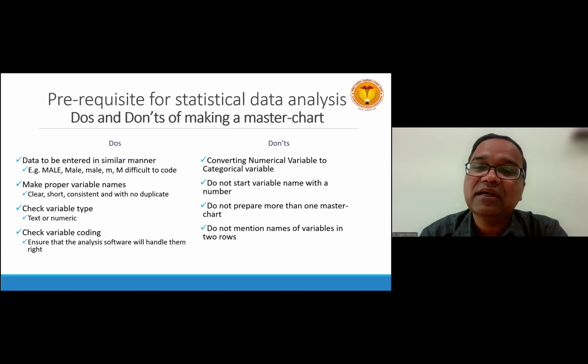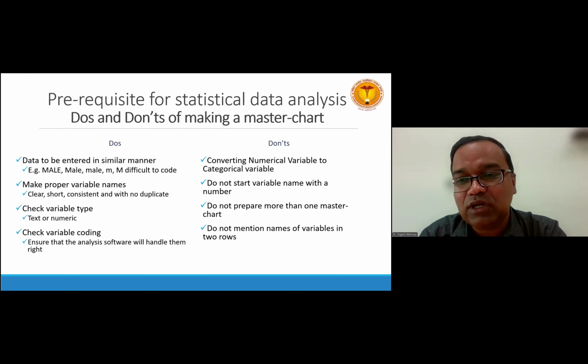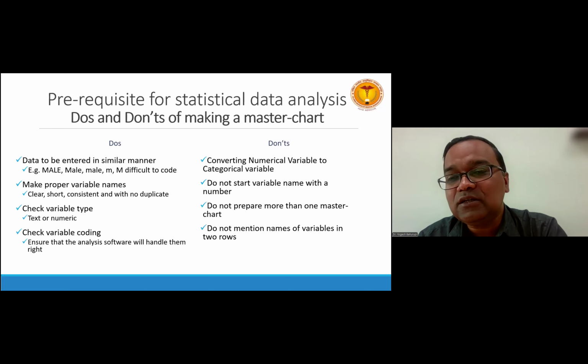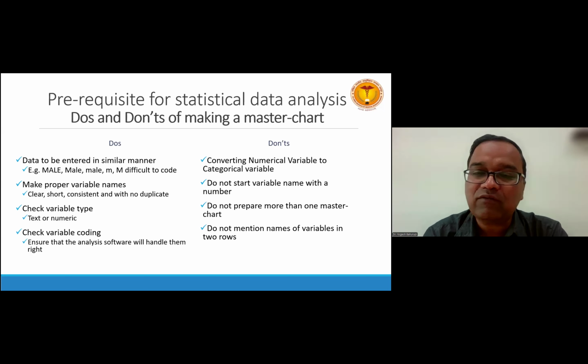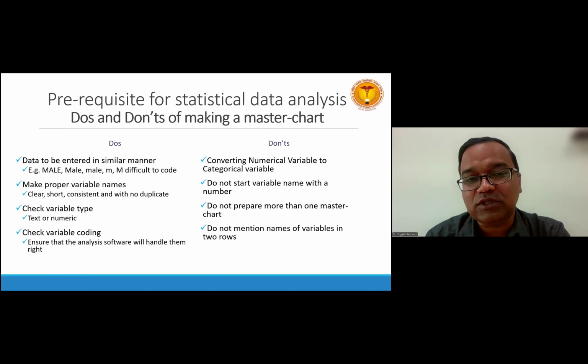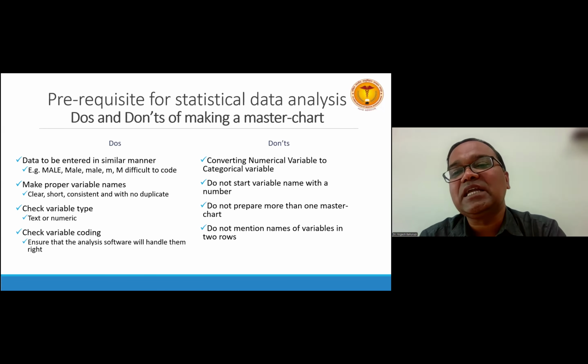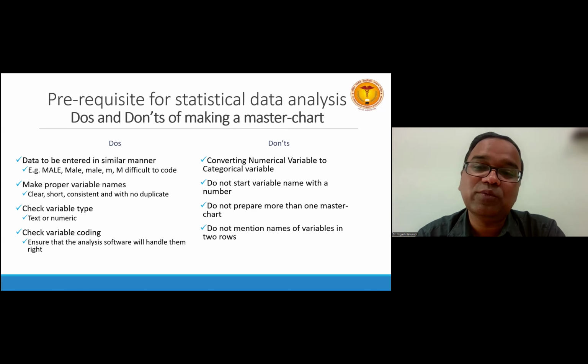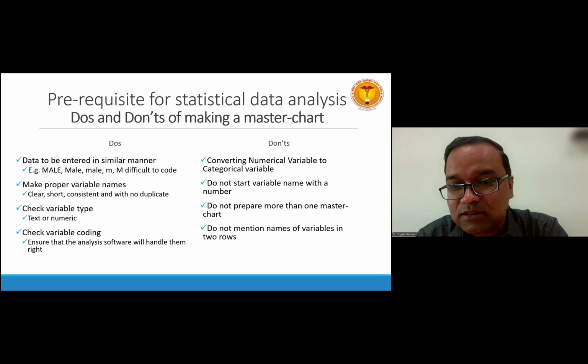The software is going to add an alphabet or some symbol before that, a lot of times an at sign. So @1.gender would be the name of the variable. And if you have many different variables starting with a number, imagine all your variables starting with an at sign. Again, you will have to make the change when you write your results. So it's better to have a very clear, concise name of the variable.